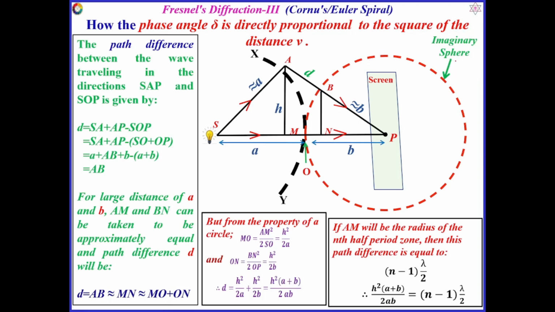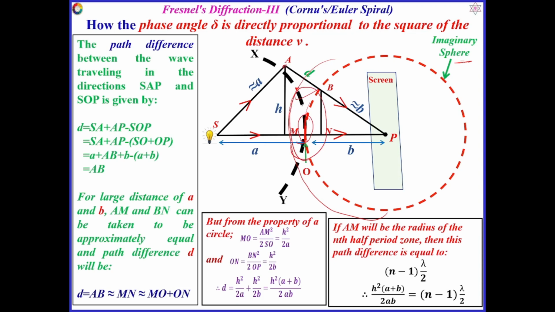Whenever we consider an imaginary sphere, it cuts the wavefront and creates a half period zone. Again another circle or sphere cuts the wavefront and creates another half period zone like this. Half period zone.